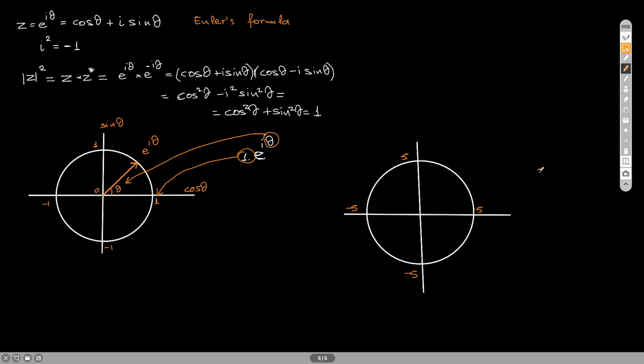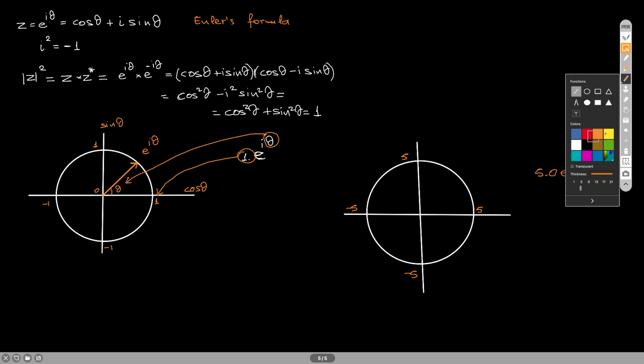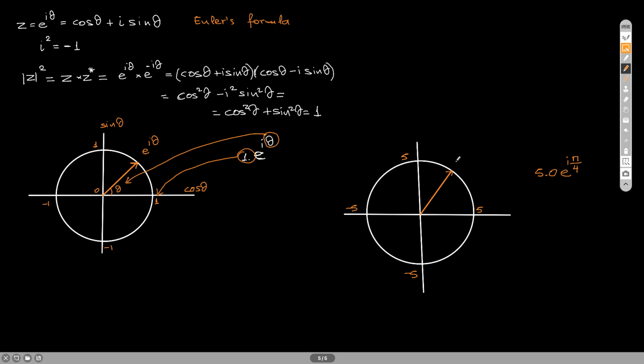If I have the complex number 5 times e to the i pi over 4, that would be represented with this.